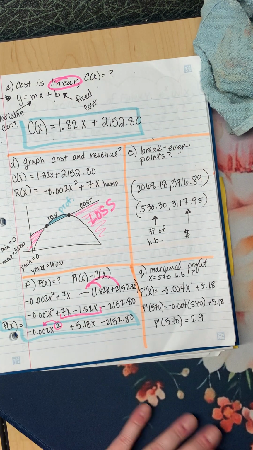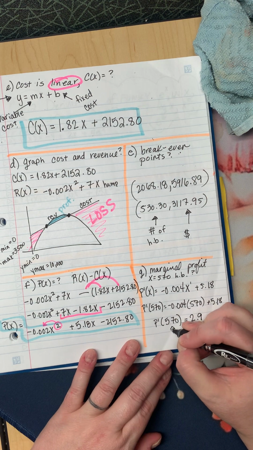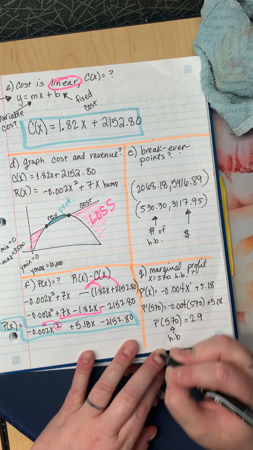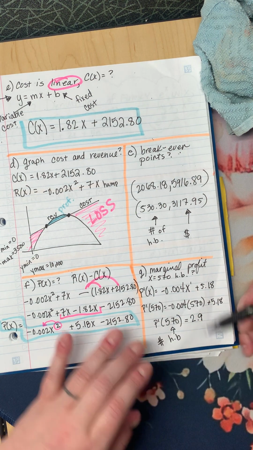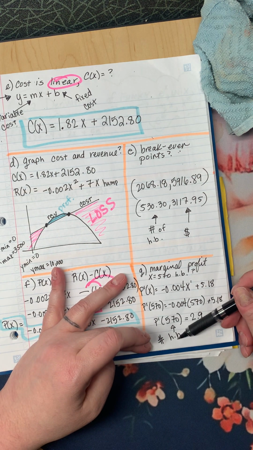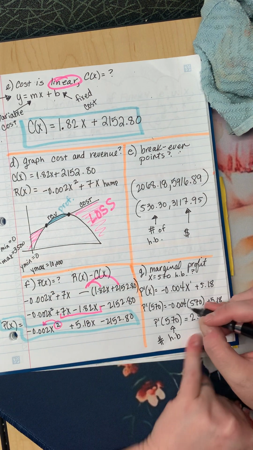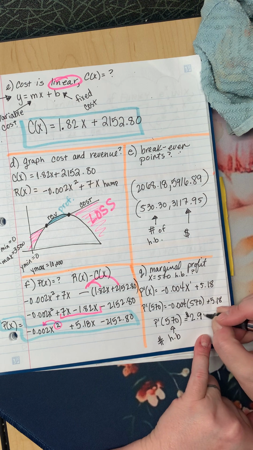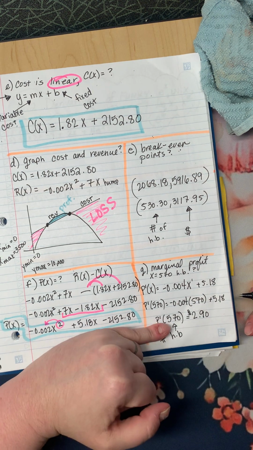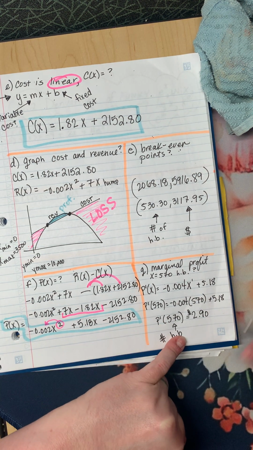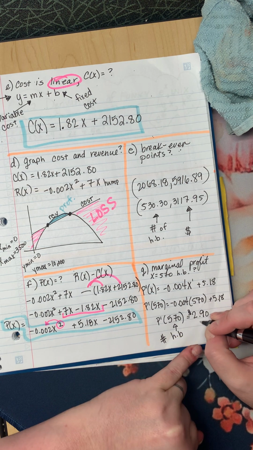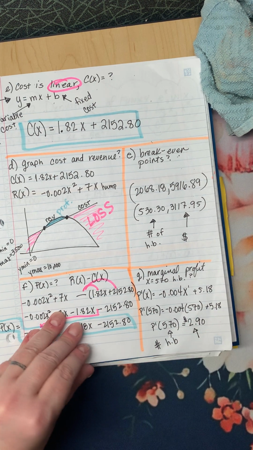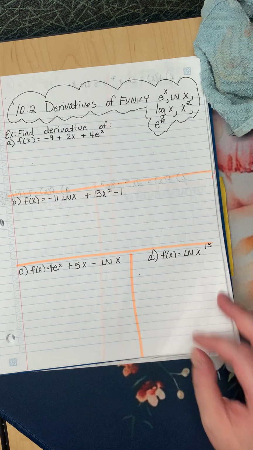And let's remember that the X value of this problem is hamburgers. So this is saying when you have 570 hamburgers, and then this 2.90 is actually a dollar amount. As in when you have 570 hamburgers, your marginal profit is $2.90. Okay, thanks.